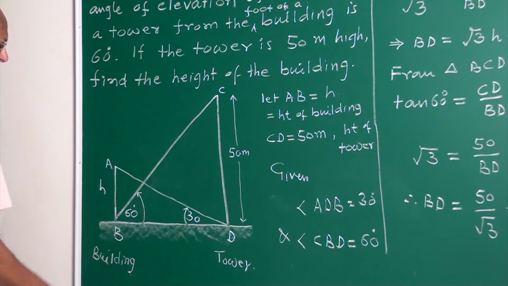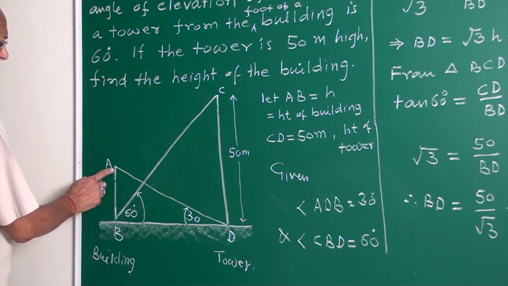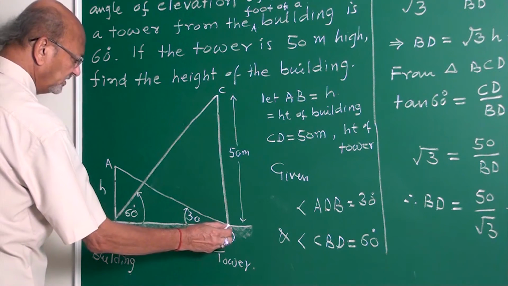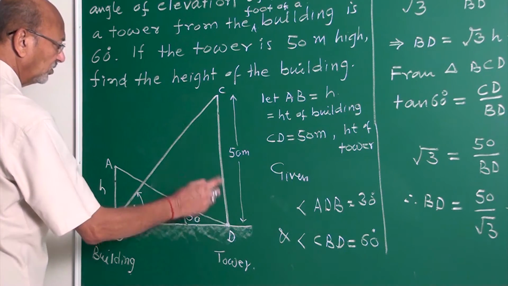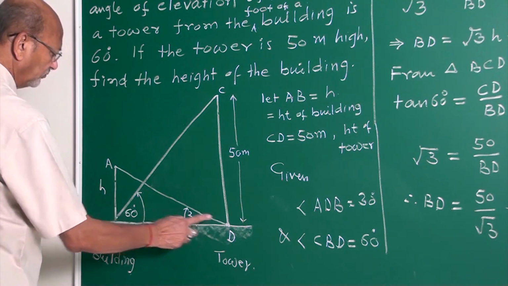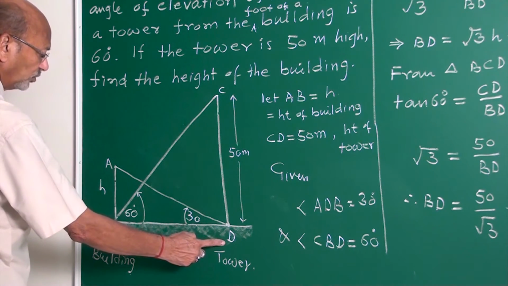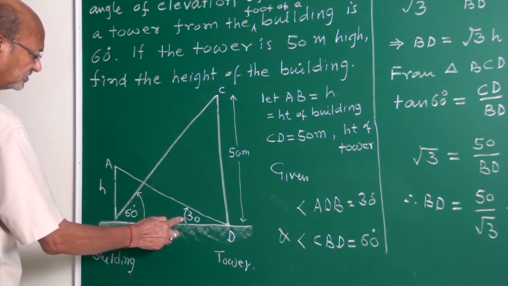Now what are the givens? There are two observing points. One is here, the observing point D, which is the foot of the tower. From the foot of the tower, if you look at the top of the building, the angle of elevation is 30 degrees.